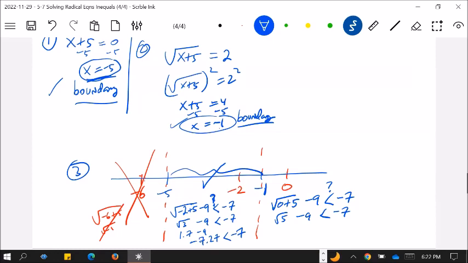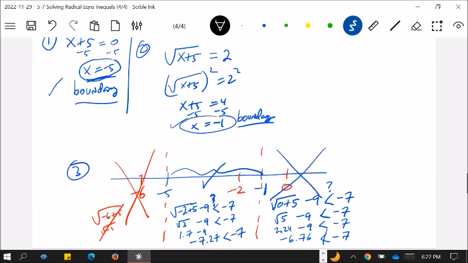The square root of 5 is 2.236, about 2.24, minus 9. That take away 9 is about negative 6.76. That is not less than negative 7. That's greater than negative 7, which means this area is no good.